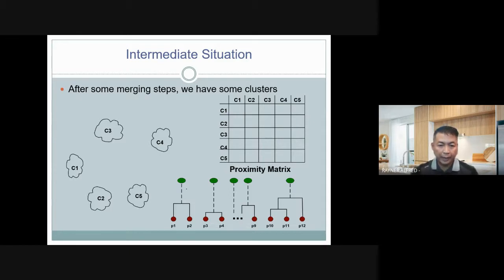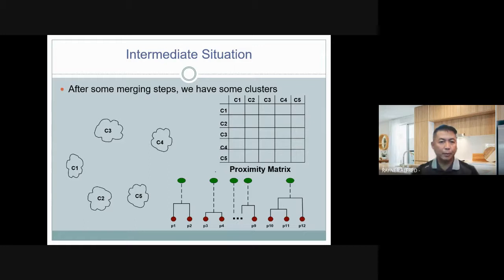This means that P1 and P2 are combined together to become one cluster and so on. P10 and P11 are combined and then later on combined with P12. So they are combined based on the distance.